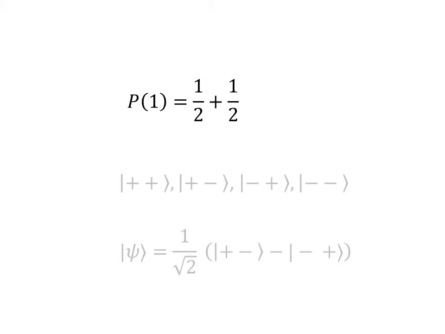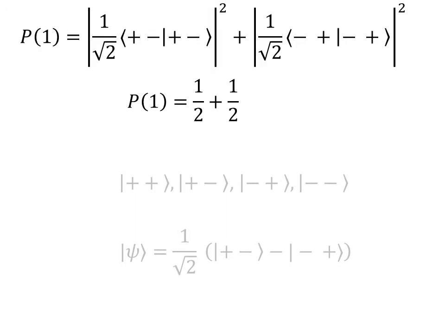Let's write again the equation which this result came from. We can see now that as a result of the measurement with the operator S sub 1, the probability to obtain the state of the first electron plus, while the state of the second electron is minus, is 50%.